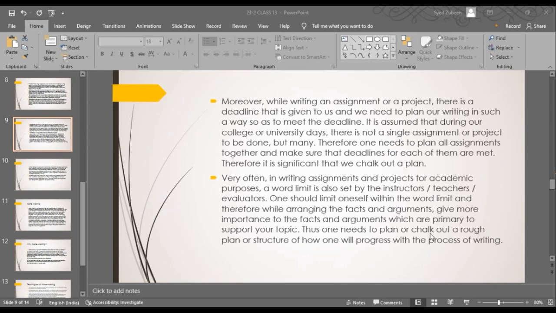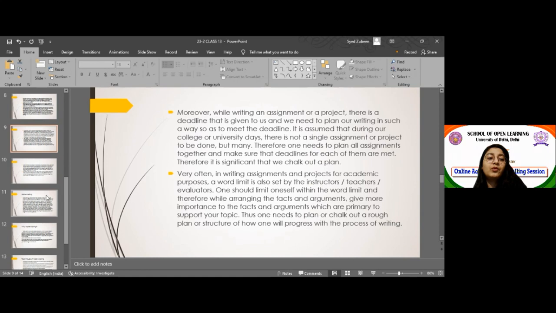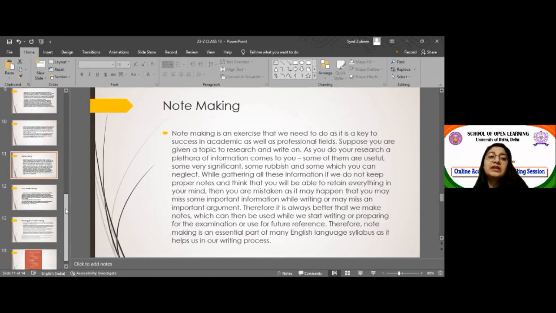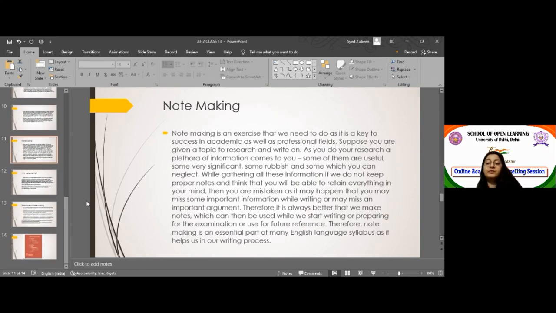Thus, one needs to chalk out a rough plan, a structure of how one will progress with the process of writing. Right. So, for example, if you have been told to write 300 or 400 words, then you will be writing accordingly. If you have been given 3,000 or 5,000 words, then you will be writing accordingly. You'll be gathering a lot more information, right?